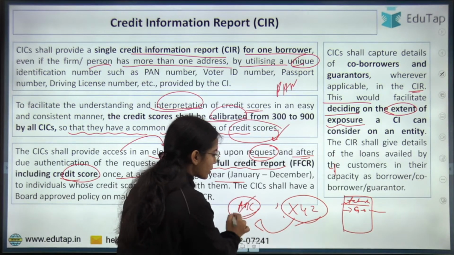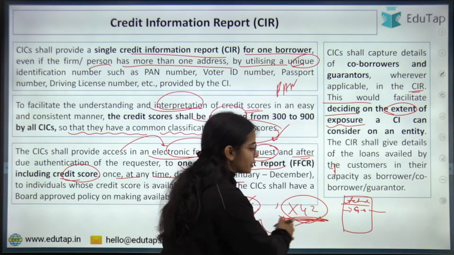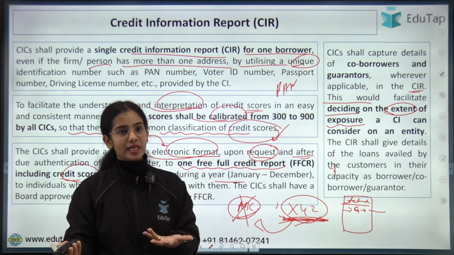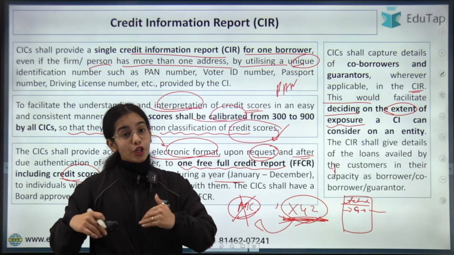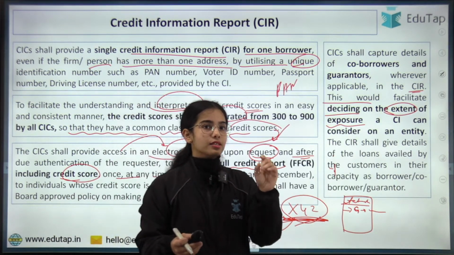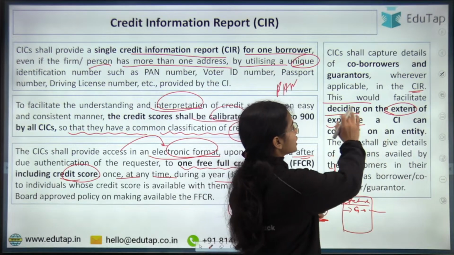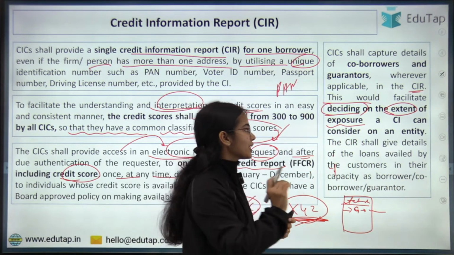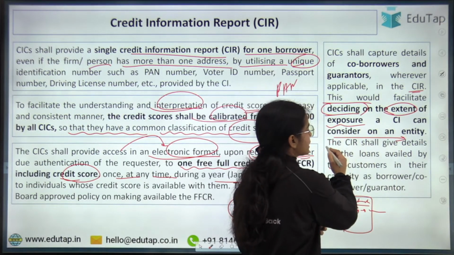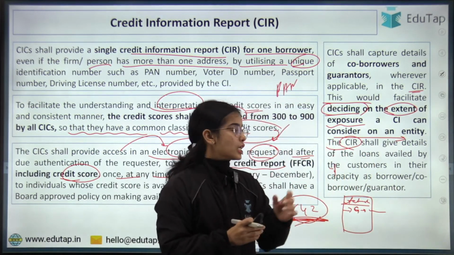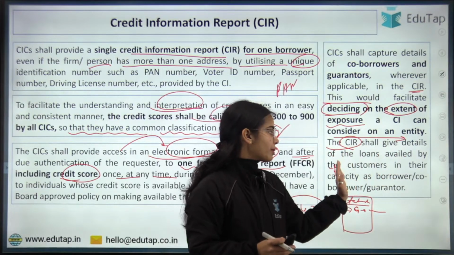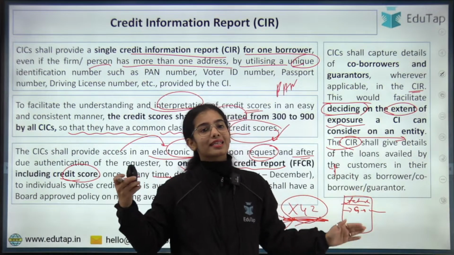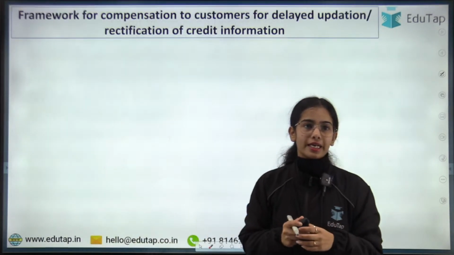Now if ABC is not able to pay, that means XYZ will be liable to pay. So already the SBI has a lot of exposure to XYZ. So if XYZ wants a new loan, that has to be reconsidered by the SBI. So this would facilitate deciding on the extent of the exposure a credit institution can consider on an entity. The CIR, that is Credit Information Reporting, shall give the details of the loans availed by the customers in their capacity as a borrower, as a co-borrower, or as a guarantor also. So this is the idea.